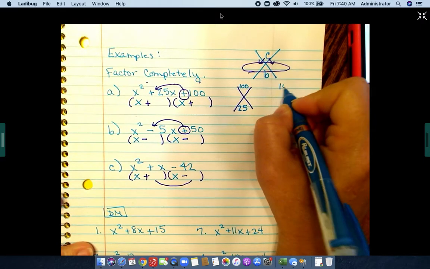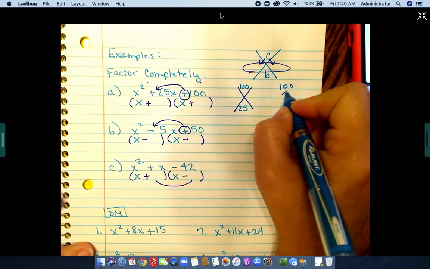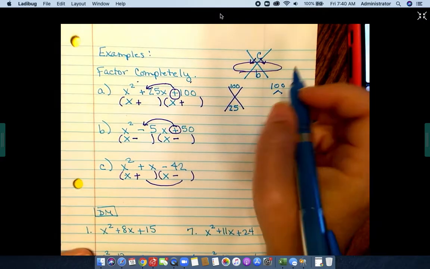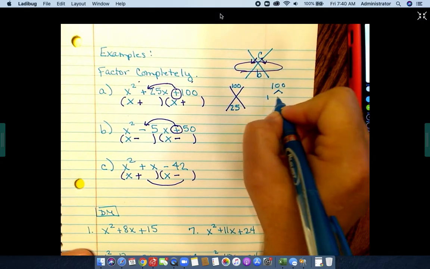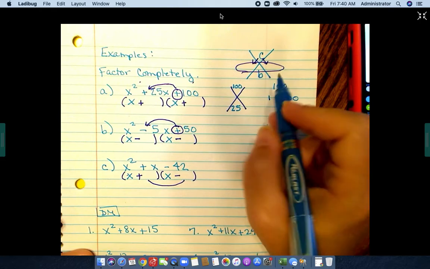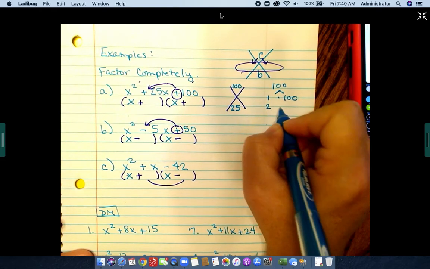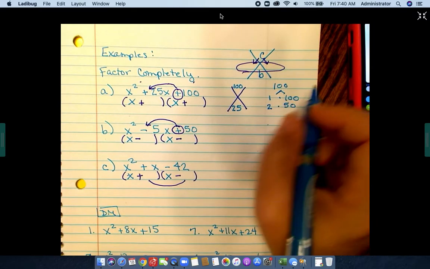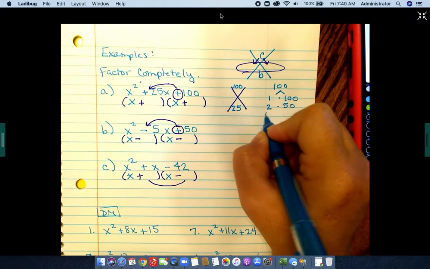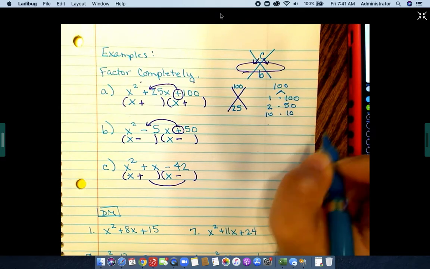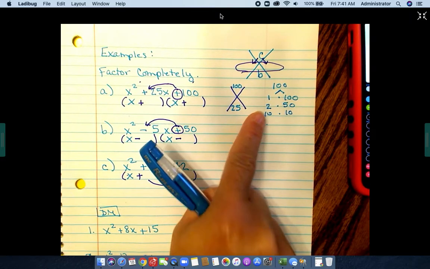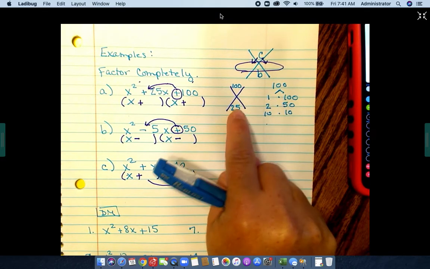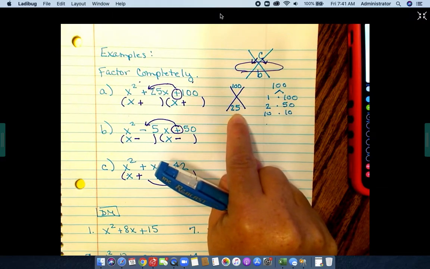So remember, we already know how to break down 25. In fact, if we were to list factors of 100, we know that 1 times 100 is 100. It's an even number, so 2 times 50 is 100. We know that 10 times 10 is 100. But remember, we're looking to find the set that these two numbers combine to give us 25.